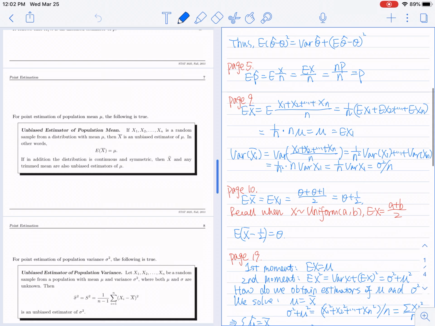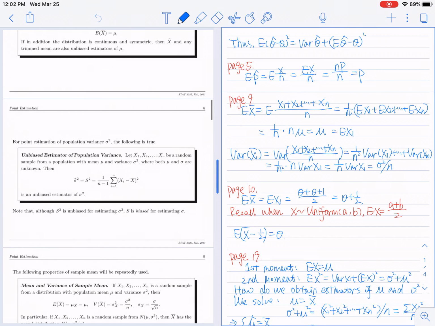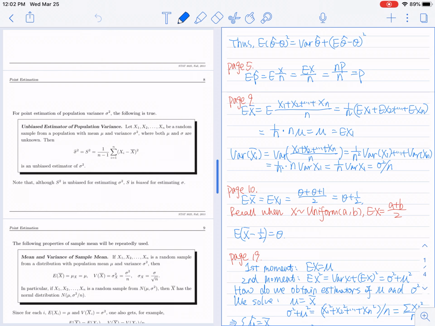And because x1, x2, all the way to xn, come from the same distribution, they will have the same mean. So the n will cancel out, then the expected value of x bar will also be equal to mu. And we talked about an unbiased estimator of the population mean, which is x bar.